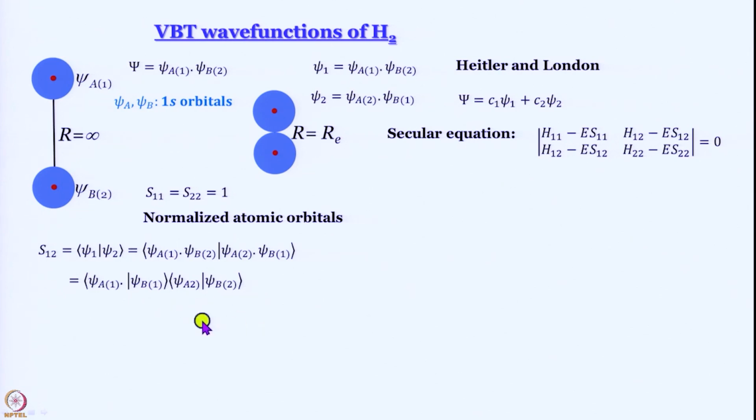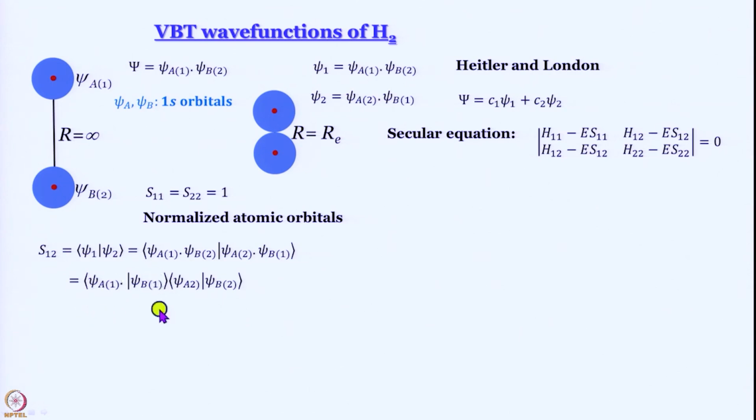Now, what is the meaning of psi A1? Psi A1 essentially means electron number 1 in the 1s orbital of atom A. Psi B1 means same electron number 1, but in a different 1s orbital, atom B. So, this integral is not equal to 0.